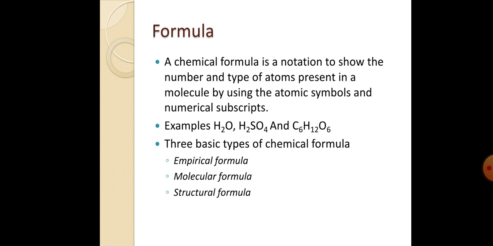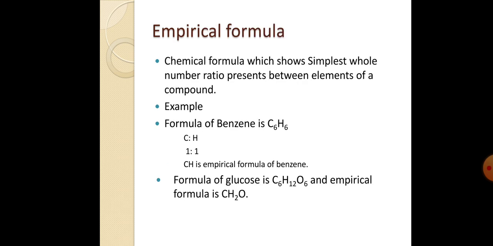And there are three types of chemical formulas: empirical formula, molecular formula and structural formula. We will discuss each type of formula one by one. First of all, we will discuss empirical formula.